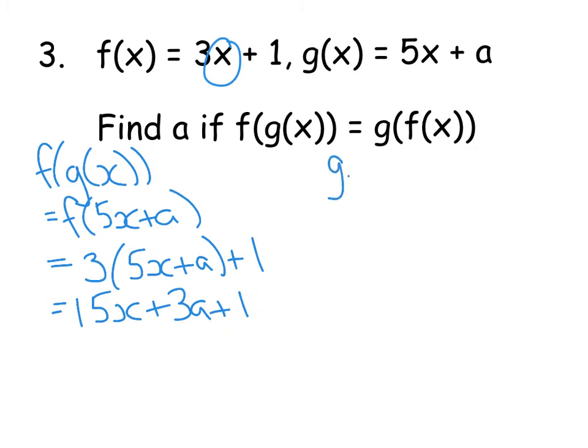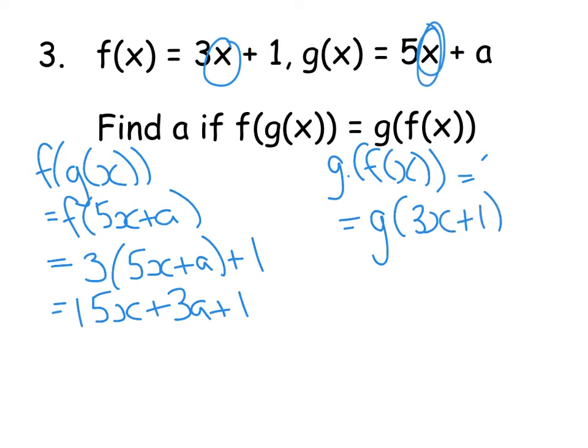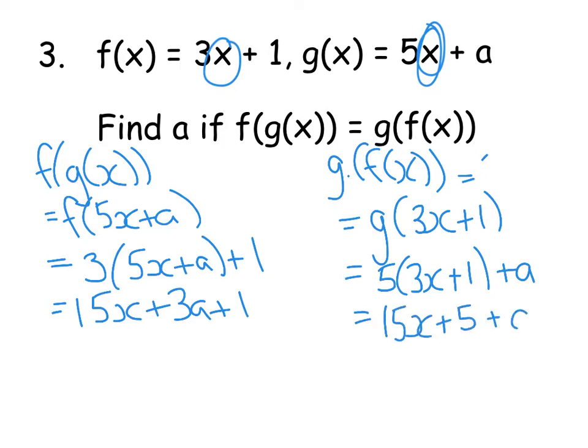If I do g of f of x, that means I am going to replace, so that's g of 3x plus 1. So where I see this x now, I'm going to put in 3x plus 1. So that's 5 bracket 3x plus 1 and there's a plus a. Expand that out, it's 15x plus 5 plus a. Now it tells us these two things are equal.